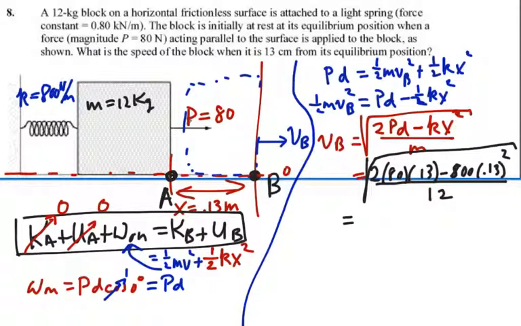So if we calculate that, 2 times 80 times 0.13 minus 800 times 0.13 squared, all that divided by 12, which is 0.6066, square root of that, I get 0.779 meters per second. So the speed of the block when it's 13 centimeters from the equilibrium position is 0.779 meters per second. Answer.